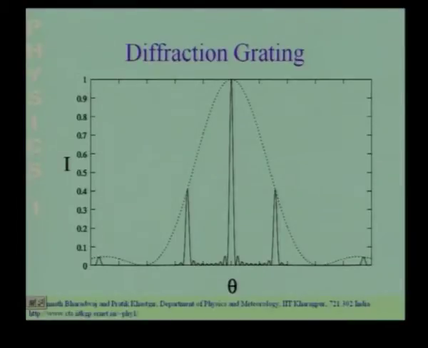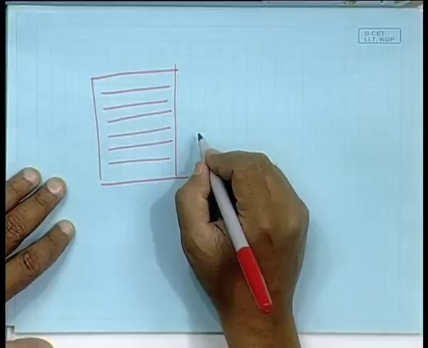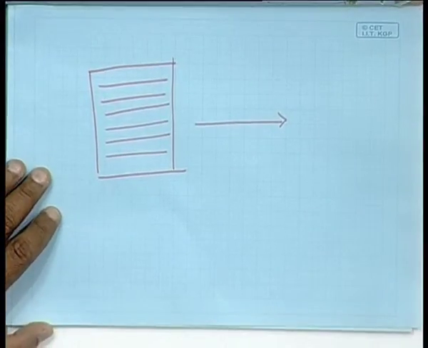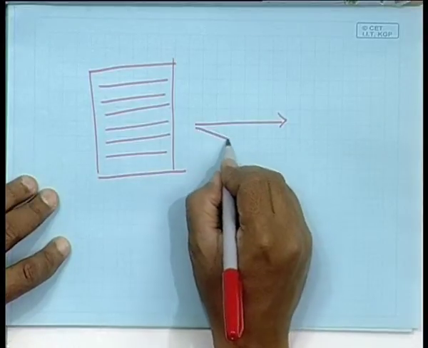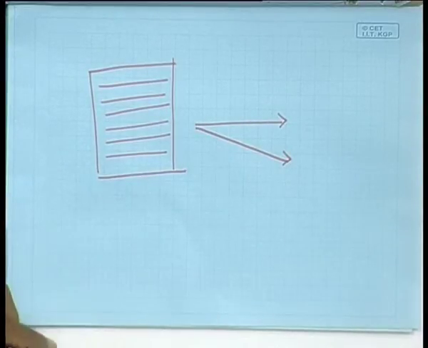So, if I have light which has got several wavelengths, I can send this light into a diffraction grating. If I send light of different wavelengths into a diffraction grating like this, the 0th order maxima for all wavelengths will be at theta equal to 0, but the first order maxima, let us say, will occur at a different angle theta for different wavelengths.